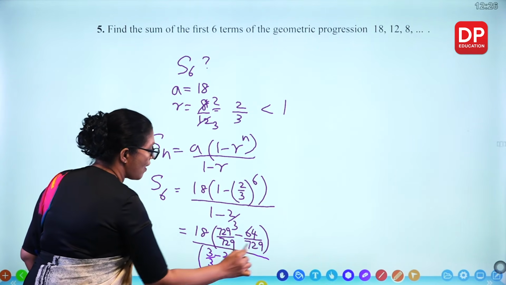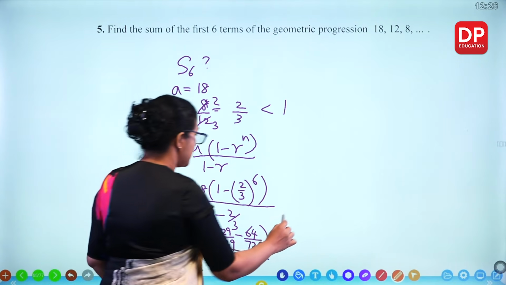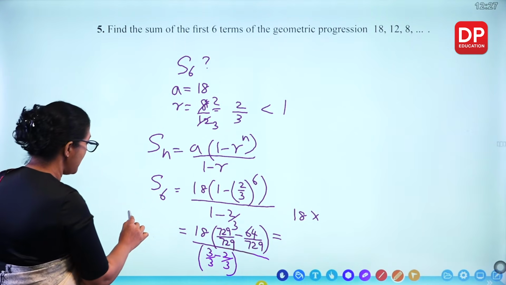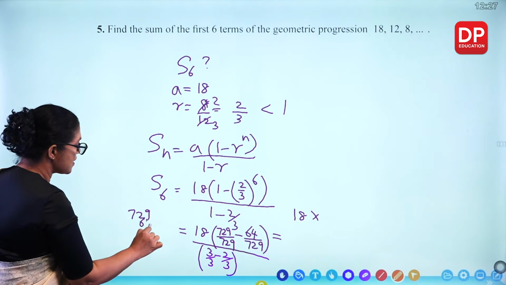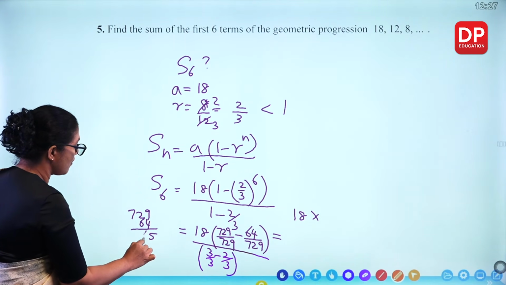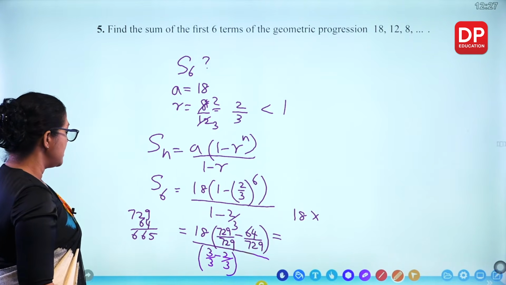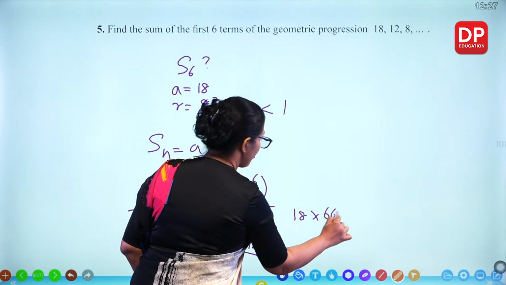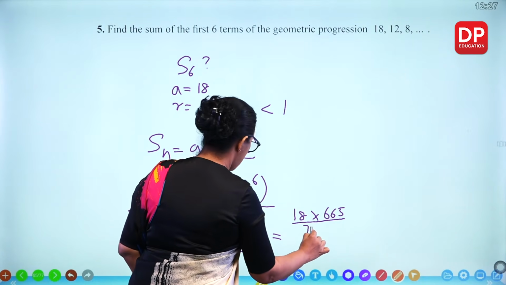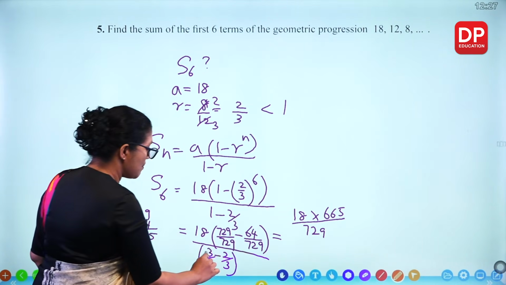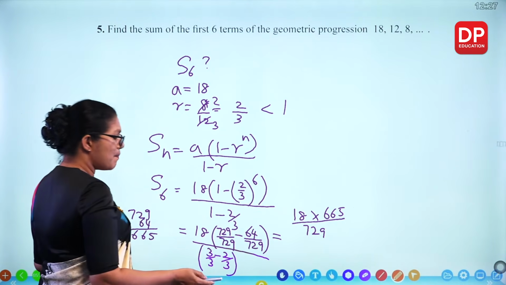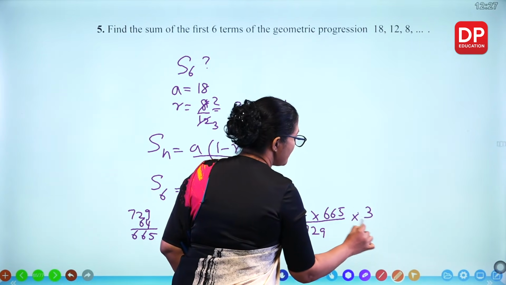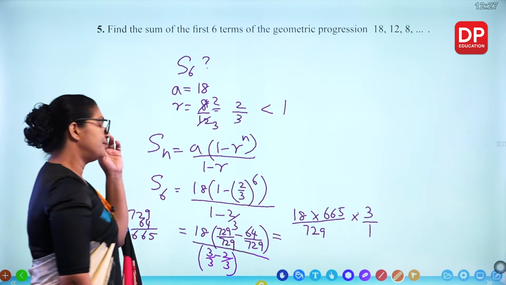So when you simplify, you get 18, 729 minus 64, 665, over 729. This one 3 minus 2 is 1. So divide by 1/3 means multiplied by 3. Now simplify.